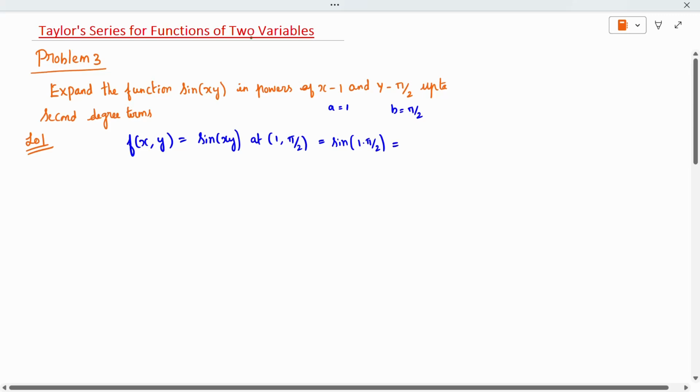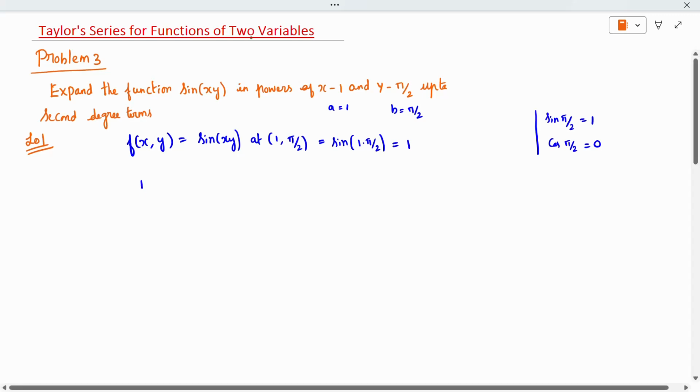Sin pi by 2 is nothing but 1, and cos pi by 2 is nothing but 0. These two we will be using in this problem. So f of a comma b is 1.